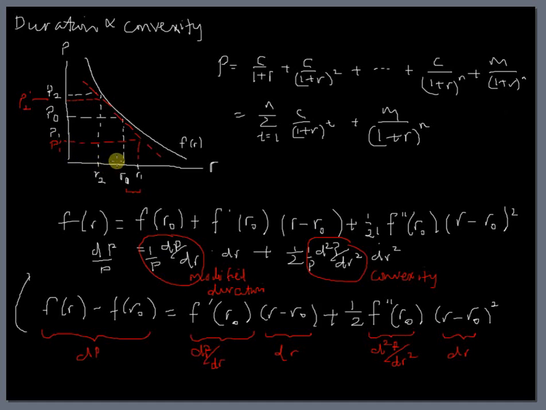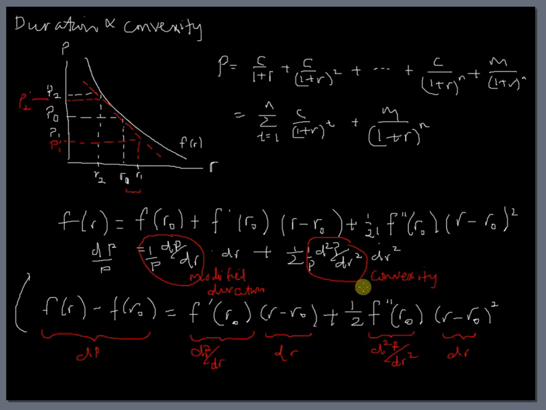And conversely, when there's a drop in the yield, the calculated price is P2 prime, which is actually less than P2, the actual price, because of the shape of the price-yield curve, which is convex. Okay, that's why convexity comes in, and we have to take into account the convexity in order to arrive at a better approximation of the change in the price as a result of the change in the yield.